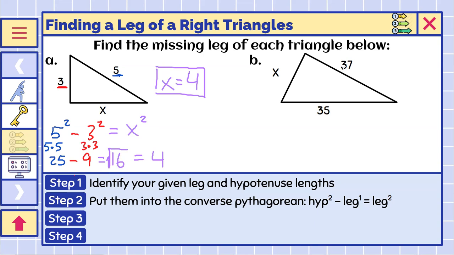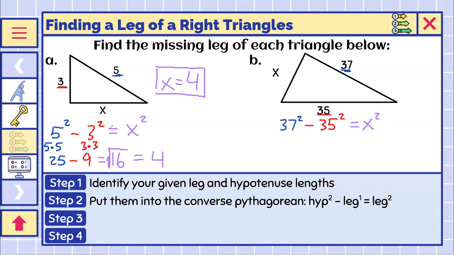This one, we have 37 as the hypotenuse, so I could put down here 37 to the power of 2, or 37 squared. And we are going to be subtracting the given leg squared, or to the power of 2. And that should give us the square of our missing leg. Just like before.